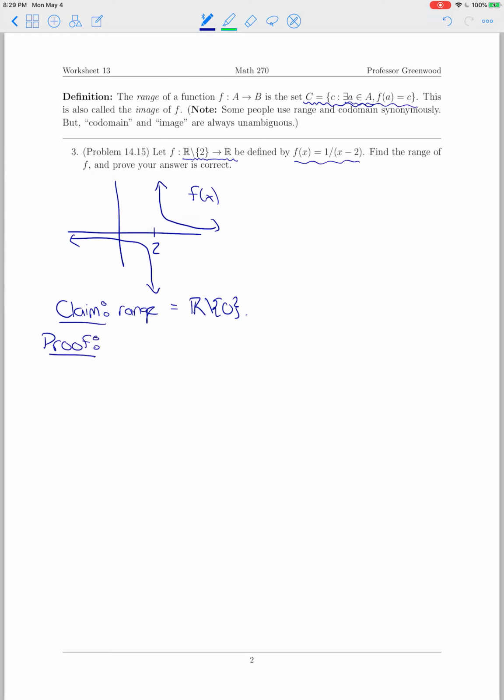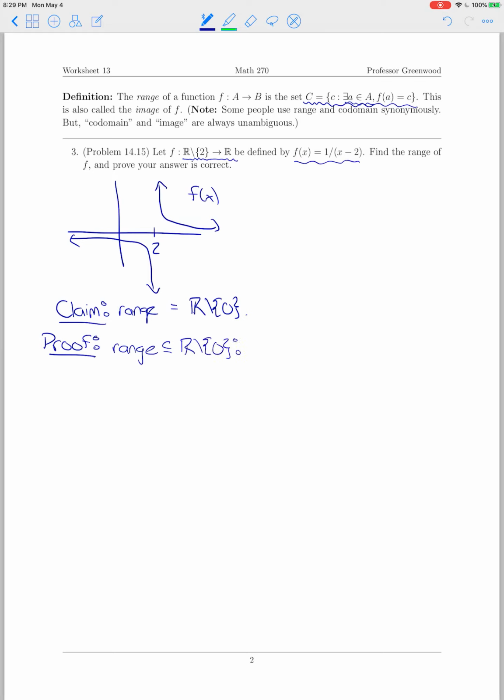As per usual, this proof should take 2 parts because this is a proof about set equality. I want to show inclusion in both ways. The first thing I'd have to show is that the range is a subset of R minus 0.